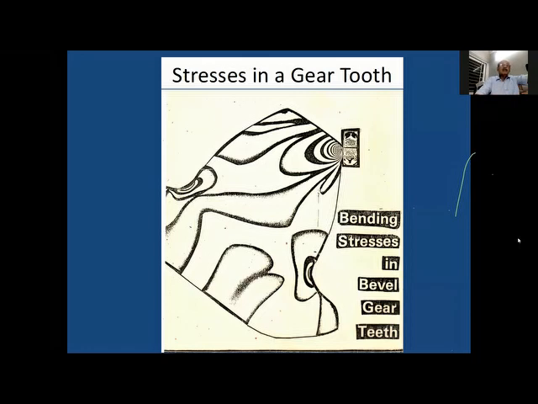The other one, on the loaded side, at the root fillet, there is a very high bending stress. On the other side, the unloaded side of the gear tooth, you'll have compression at the root fillet. But these two points are very important for us to understand. Next, please.